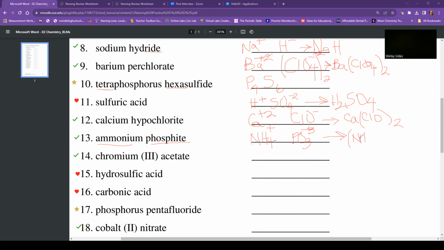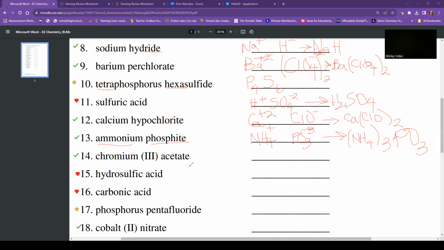So it's ammonium times 3 and phosphite, because it's PO3. All right. So that's how you do all of these. And it's pretty obvious that what they're telling you to write is what you're writing.